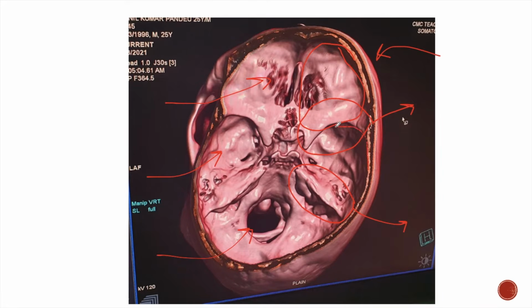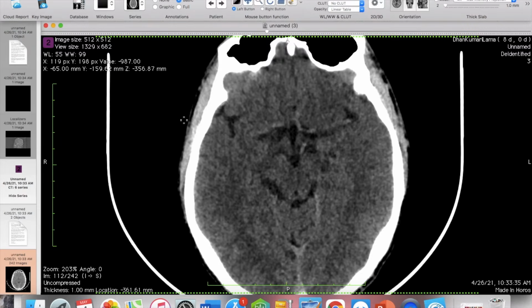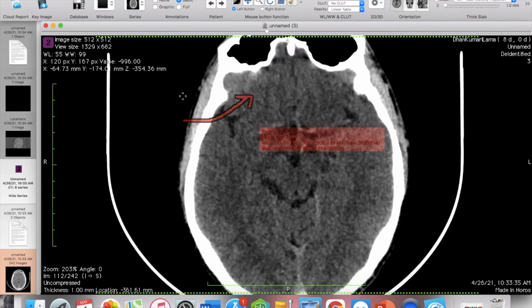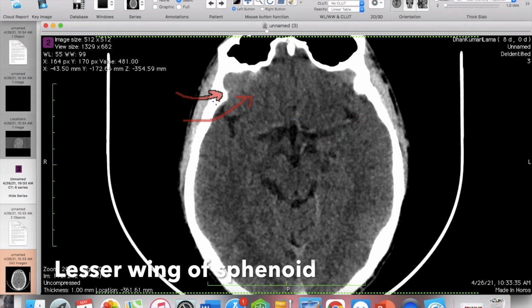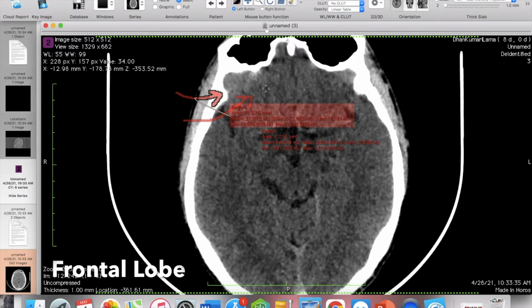The temporal lobe is present in the middle cranial fossa. In the posterior cranial fossa, there are the posterior fossa structures like the brainstem and the cerebellum, which is bounded anteriorly by the petrous pyramid and posteriorly by the occipital bone. So here, the anteriormost part of the cerebral hemisphere, which is bounded posteriorly by the lesser wing of sphenoid, is the frontal lobe.